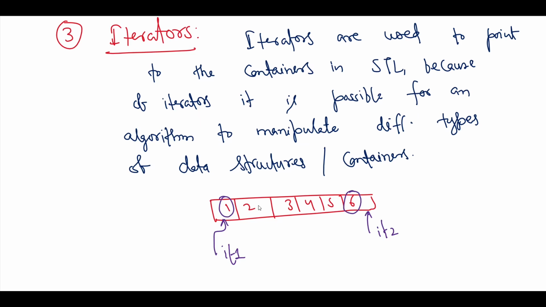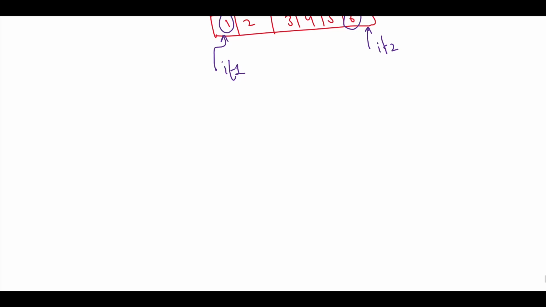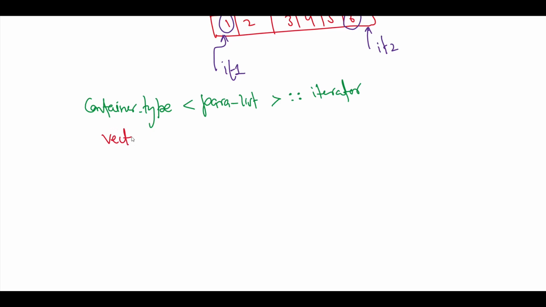If you want to define an iterator, there is a definite syntax for that. You have to write the container type first because you want to define an iterator of this container type, and then you write a parameter list here, use the scope resolution operator, and write iterator in front of this. So these things are fixed, right? If you want to write a vector iterator, you have to write vector here.